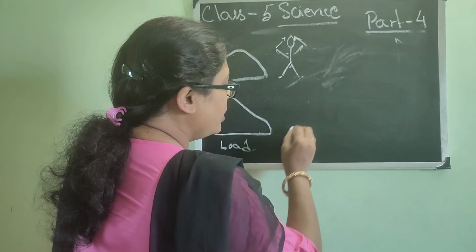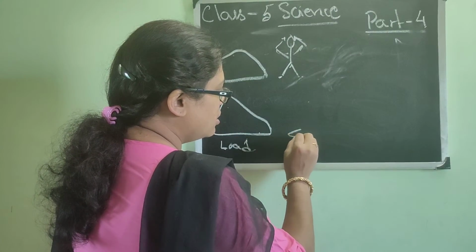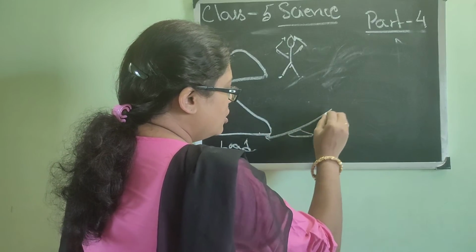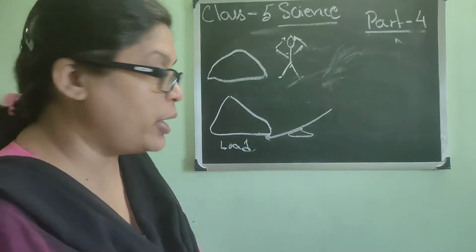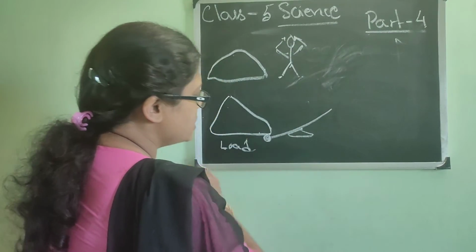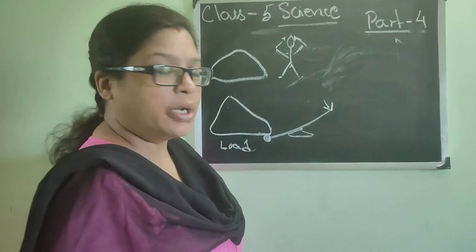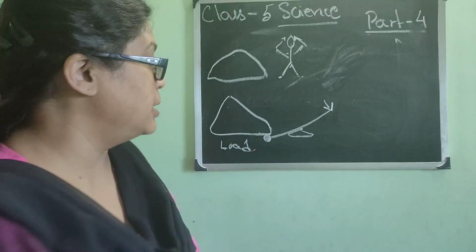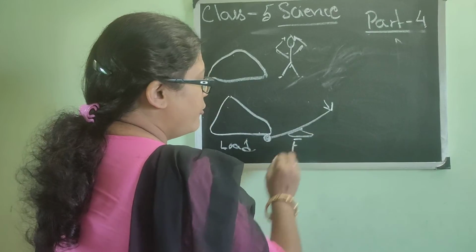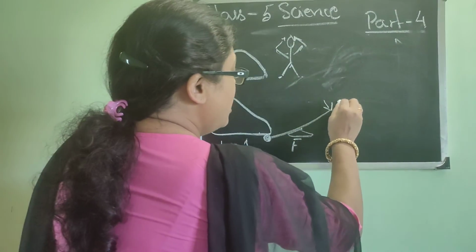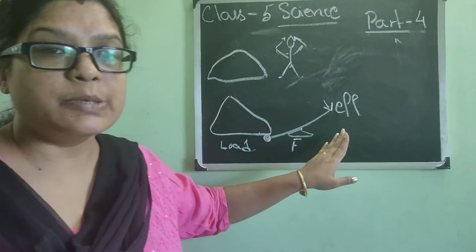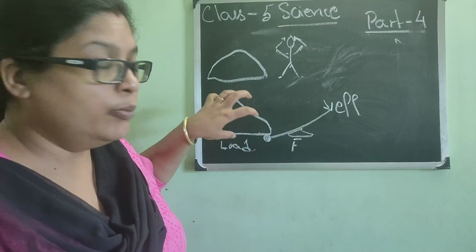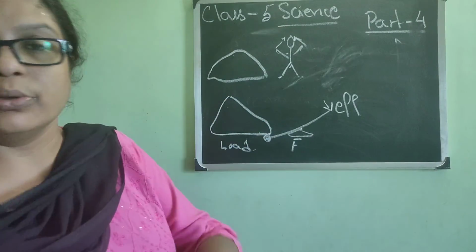Now, if you get one rod and a small stone, on which the rod can stand at a particular point, and this end is also fixed, if you put force here, the load can be easily moved from one place to the other. So this is the load, this is the fulcrum, and finally this is the effort, put by the person who is pushing the object from one place to the other.